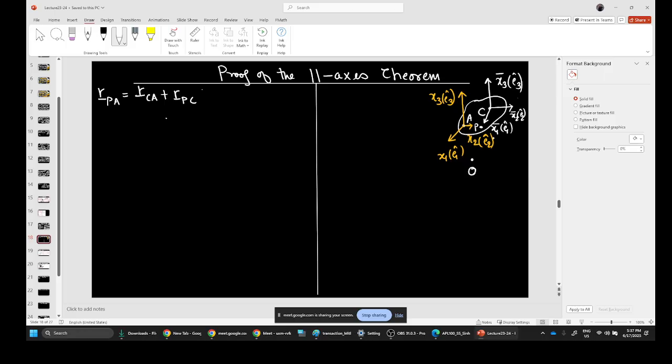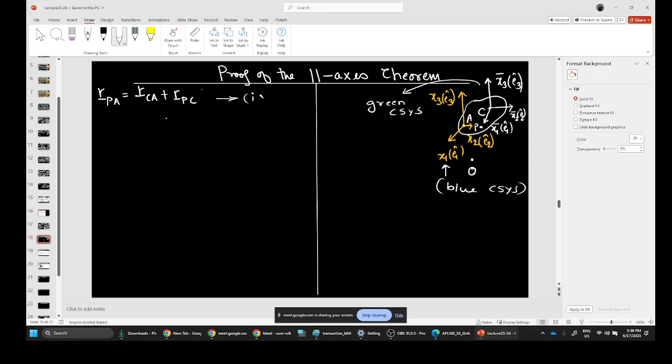Now it's the same two coordinate systems. Since I have a black background on the screen, I did not use green and blue. So this yellow is actually the blue coordinate system, and this white is the one which I was showing as the green coordinate system earlier. Now, with all these points A, C, and P, I will first write this equation.